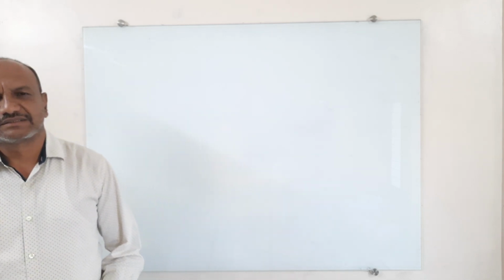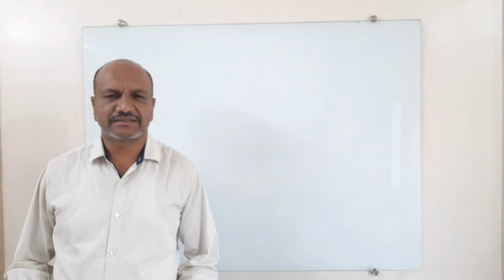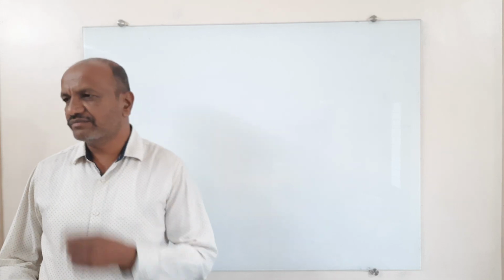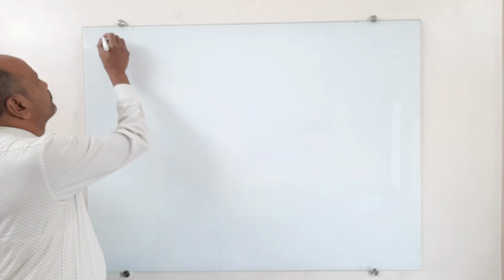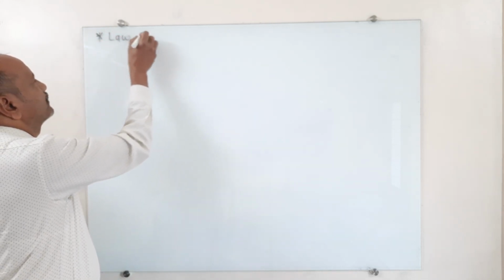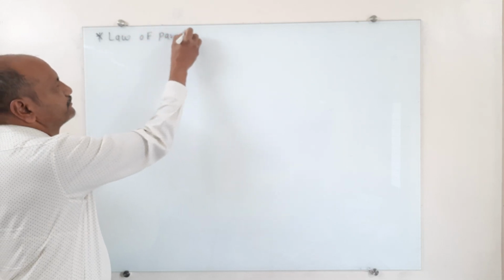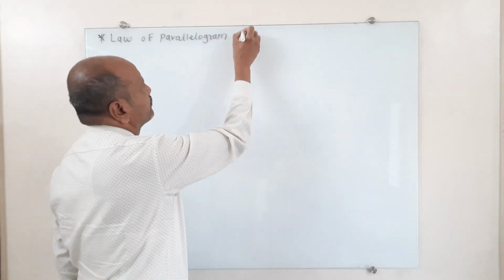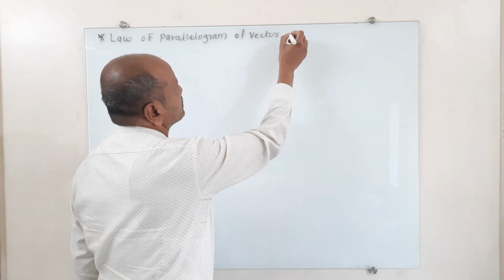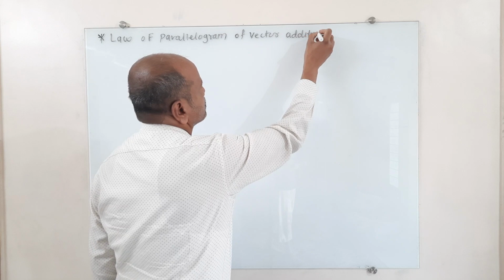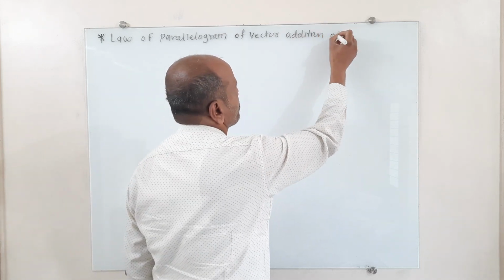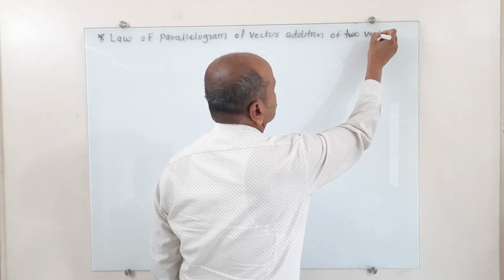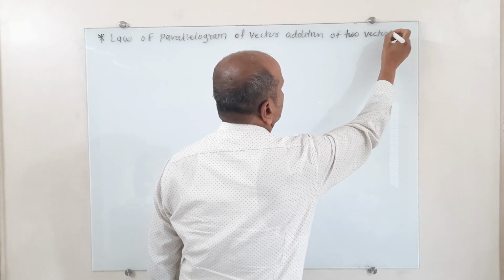Now today we are going to learn another method for the vector addition of two vectors, that is the law of parallelogram of vector addition of two vectors.